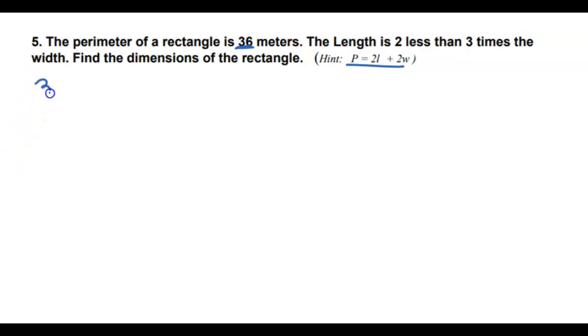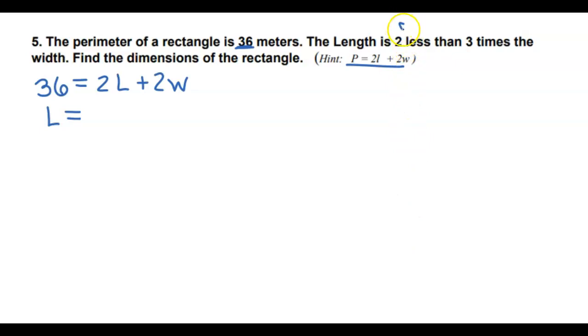The perimeter is 36, so 36 equals 2L plus 2W is my first equation. The length, L for the length, is, where you have is in the English sentence, that's where you put your equal sign, 2 less than 3 times the number.